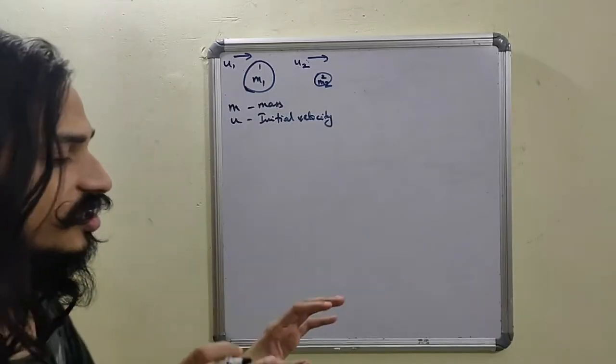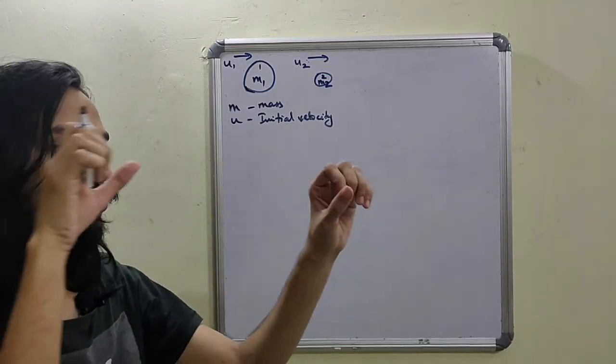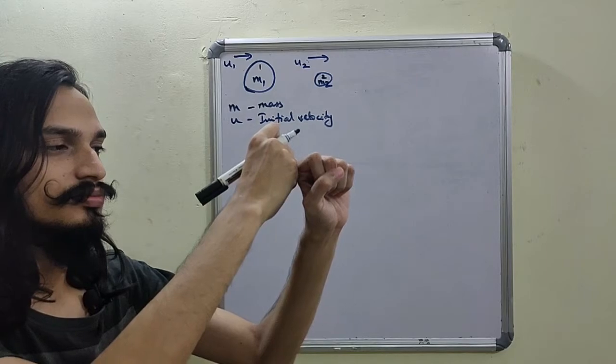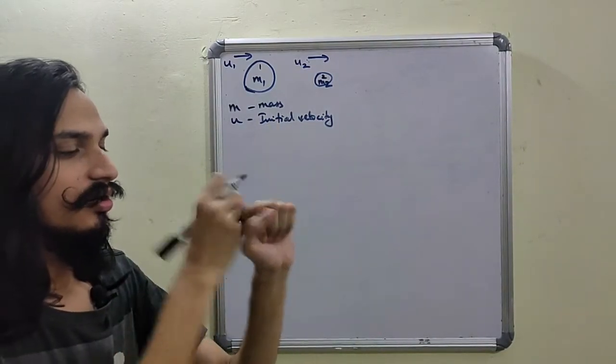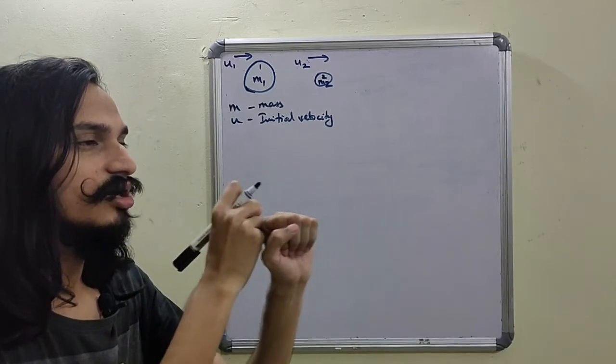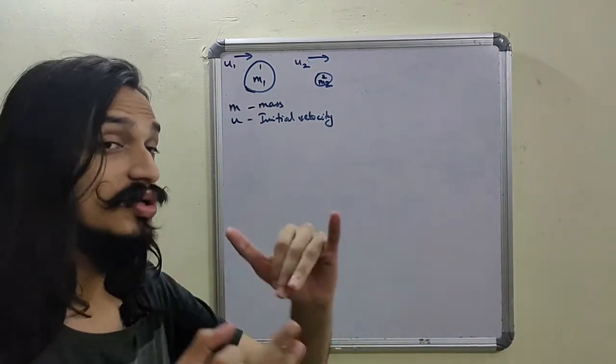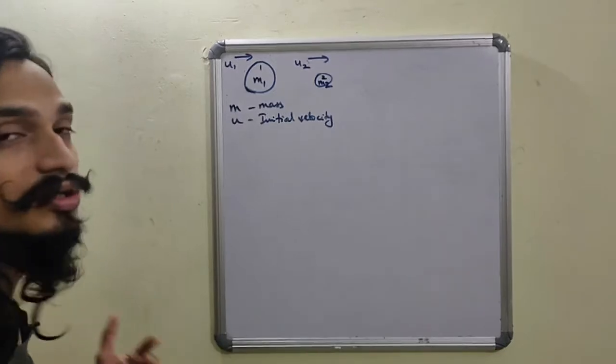If two objects are moving and one of them hits the other, there's going to be some change in their speed. Once they crash, they will keep moving in the same direction but with different speeds. Their speeds are going to change.